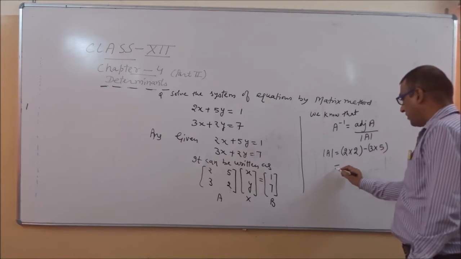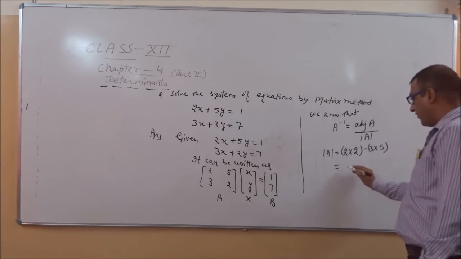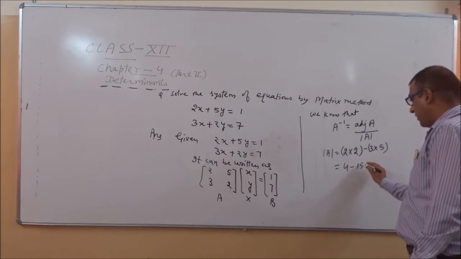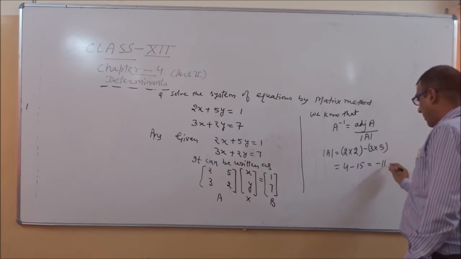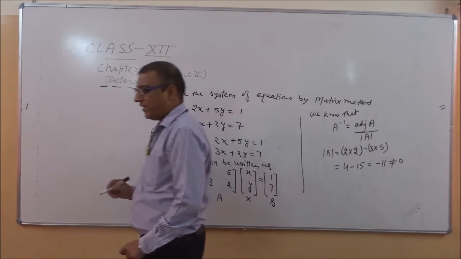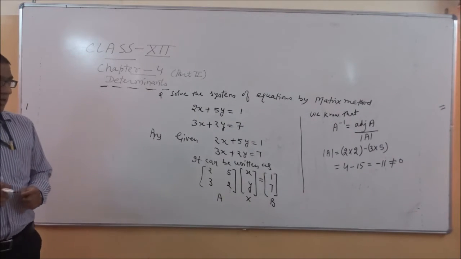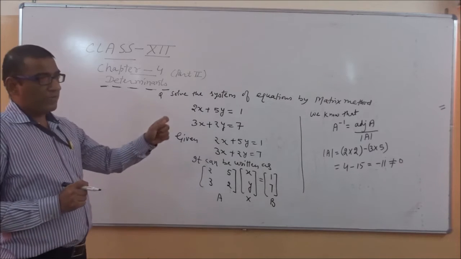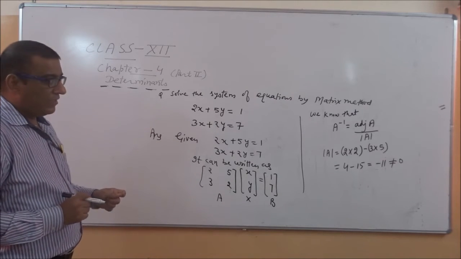We will get 4 minus 15. It means it is equivalent to minus 11. It means we can say the value of determinant A is not equal to 0. It means A inverse exists here.